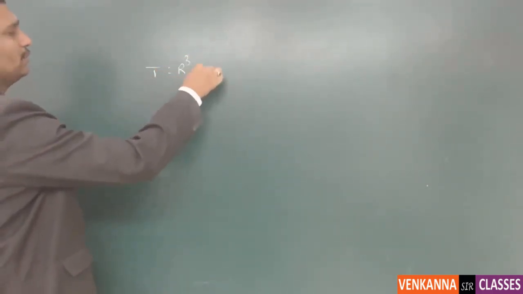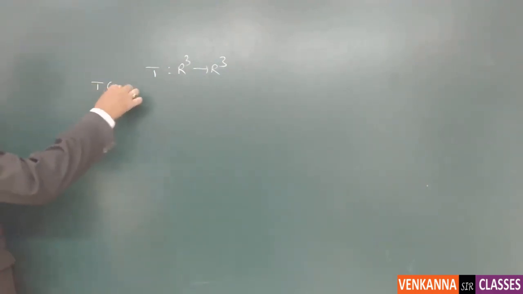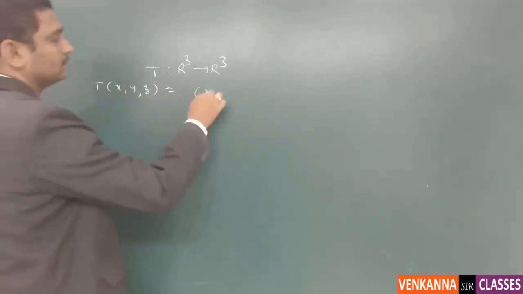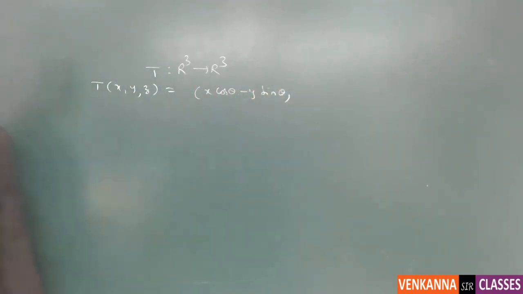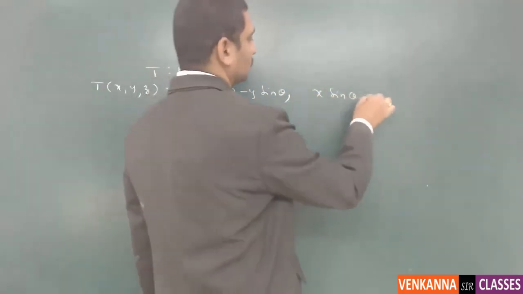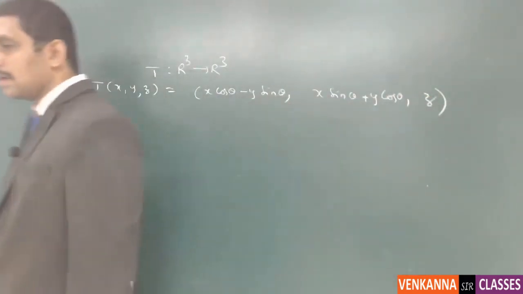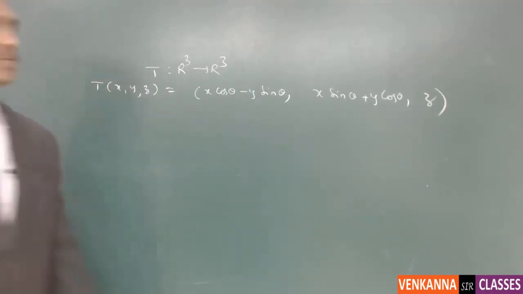Say, suppose T is a mapping from R cube to R cube defined by T of x, y, z equal to x cos theta minus y sin theta, x sin theta plus y cos theta, comma z. Now the question is, verify whether T is non-singular or not.